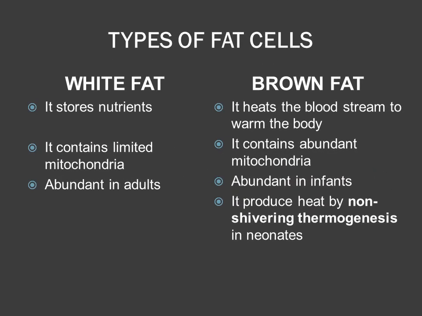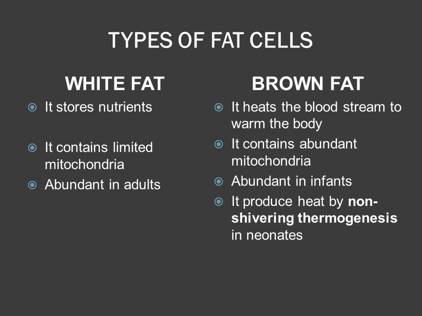So these are the types of fat cells. Two types are there, right? That is white fat as well as brown fat, or else we can say white adipose tissue and brown adipose tissue. Let us see the difference between these two.